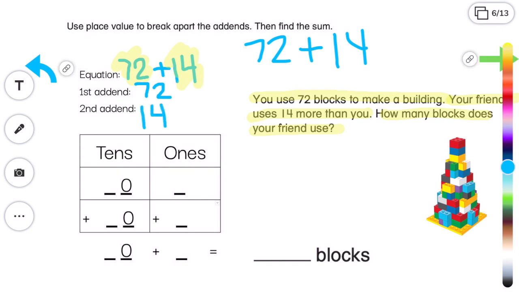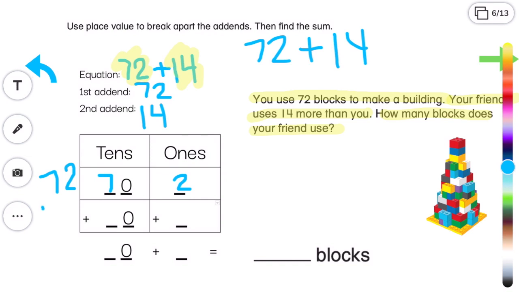Now let's break apart our addends. 72 is the same as 7 tens and 2 ones. 7 tens has a value of 70. 2 ones has a value of 2. Now 14 is our other addend. Let's break it apart. 14 is the same as 1 ten and 4 ones.